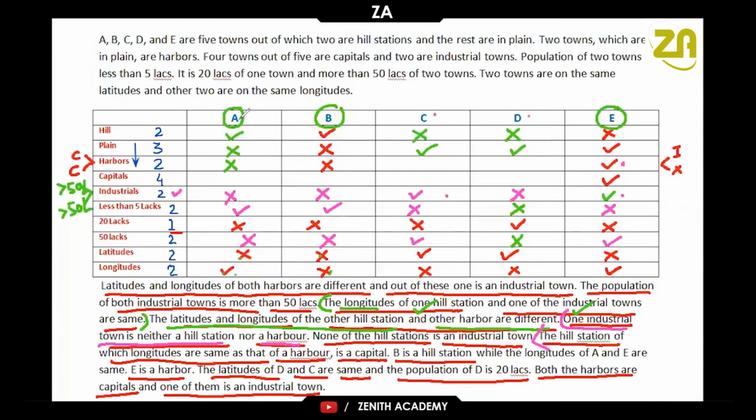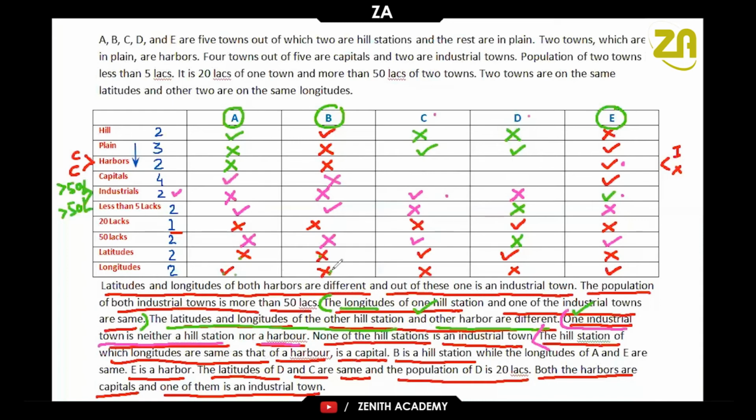So the hill station is this and E is harbor. It means this hill station, the hill station of which, means A, which longitudes are same as that of a harbor is a capital, means this is going to be capital, not this one.